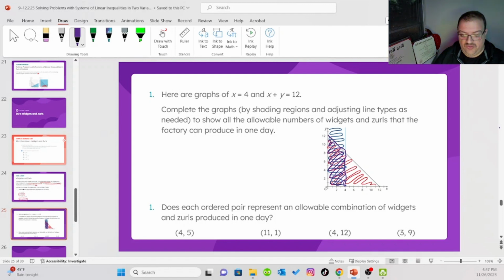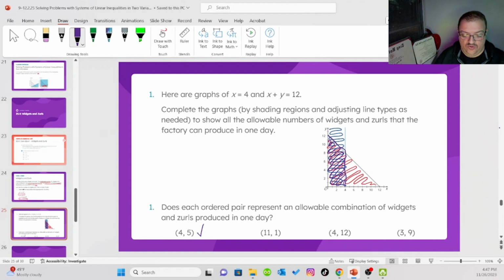So now they want us to check 4, 5. That means I go over to 4, up to 5, and I'm on the solid purple line, creating the purple shaded area. So that is a solution. Then we look at 11, 1.